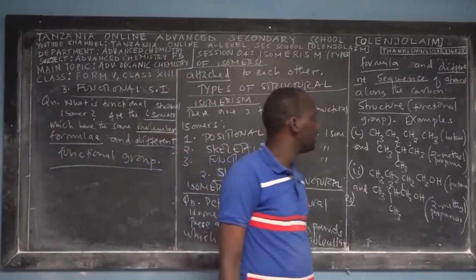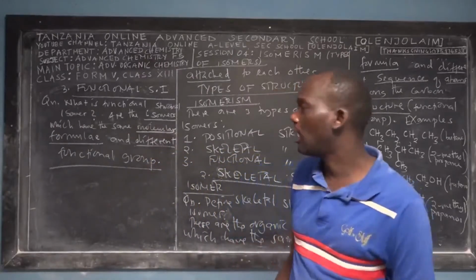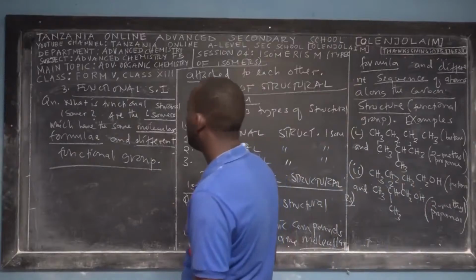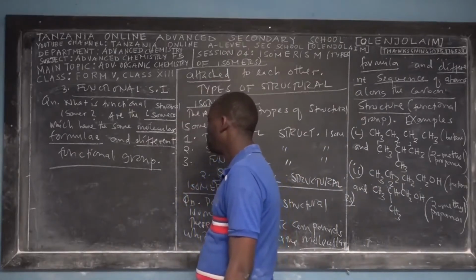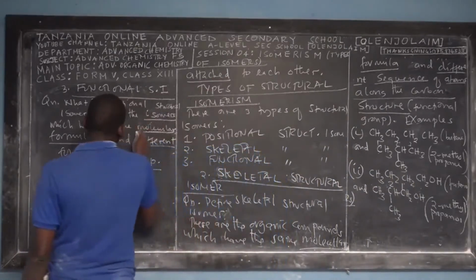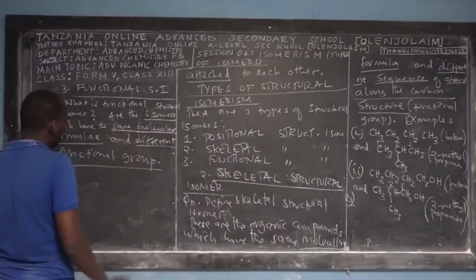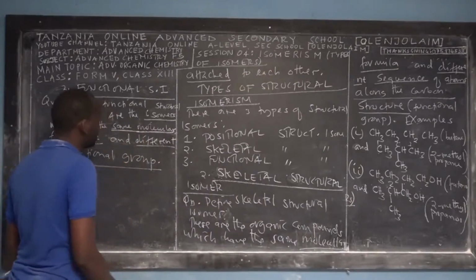So we say that functional structural isomers are organic compounds which have the same molecular formula, and also they have different functional groups.